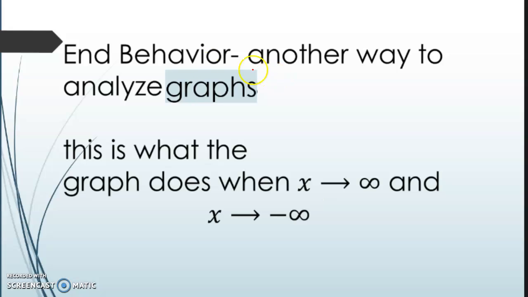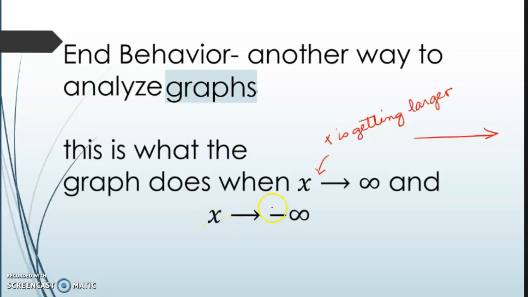And now we are looking at end behavior, another way to analyze graphs. It says this is what the graph does when x approaches infinity, which means x is getting larger and it's going out forever in that direction.